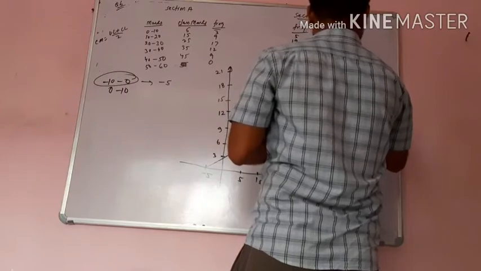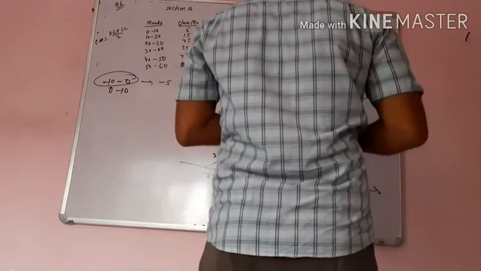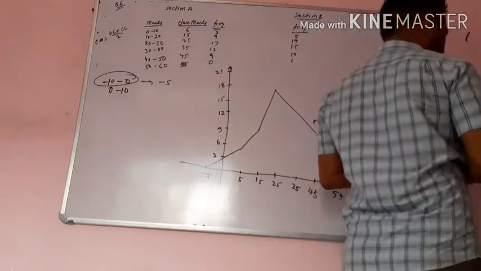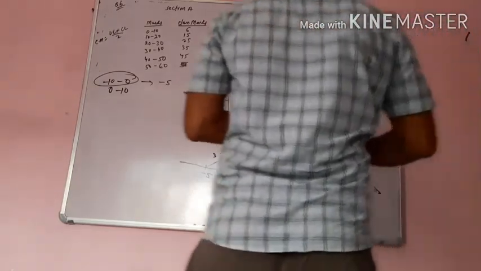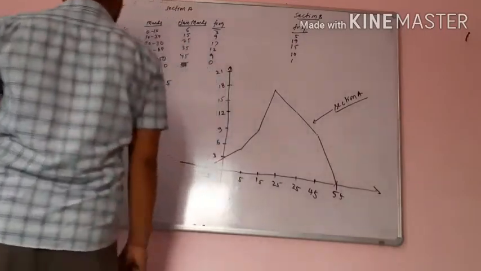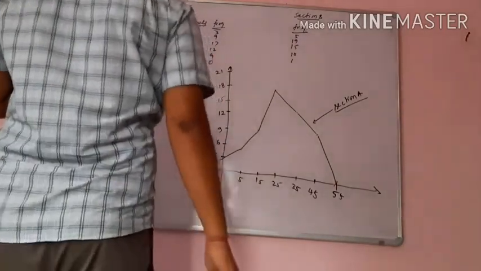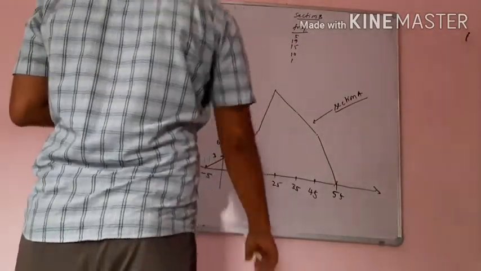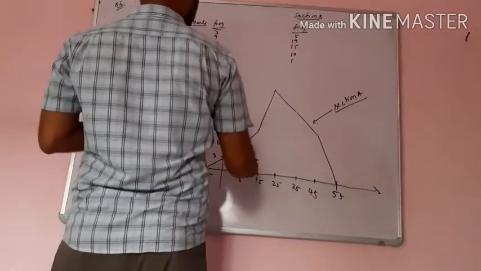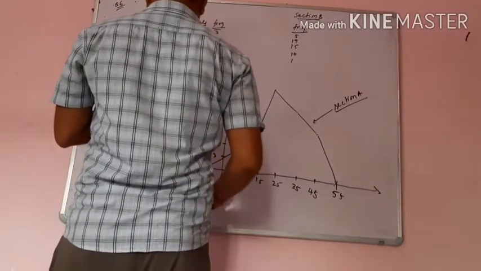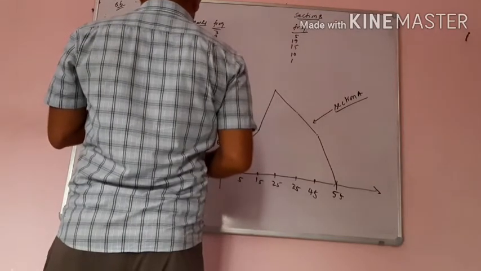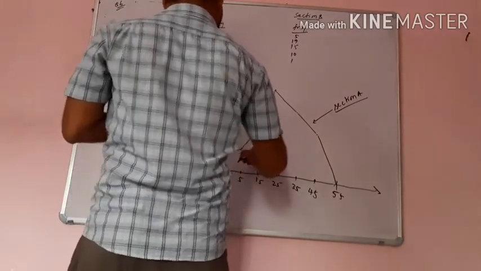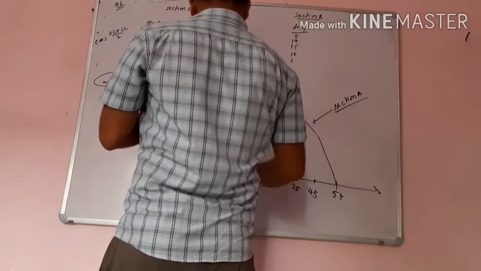Now I will draw for section B with a different marker; either you can use a dotted line. Now for section B, at 5, what is the frequency?